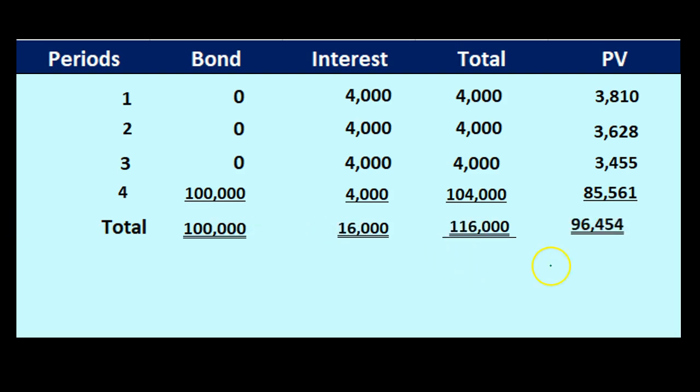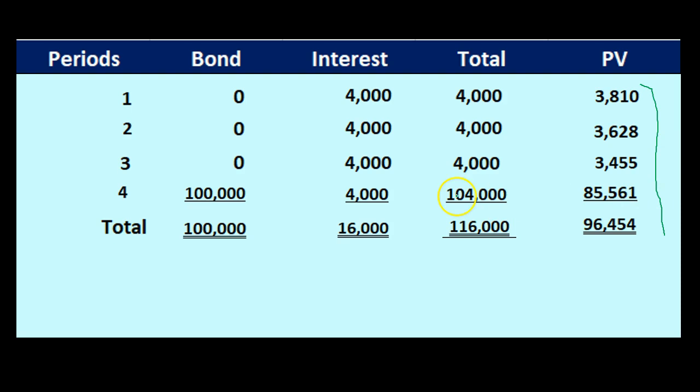And then the present value, however, is the $3,810 plus the $3,628, the $3,455, the $85,561, or that $96,545. This is often a useful way to see it in Excel, easy to do in Excel. When doing things by hand, however, you'll note it's more tedious for us to present value each year.